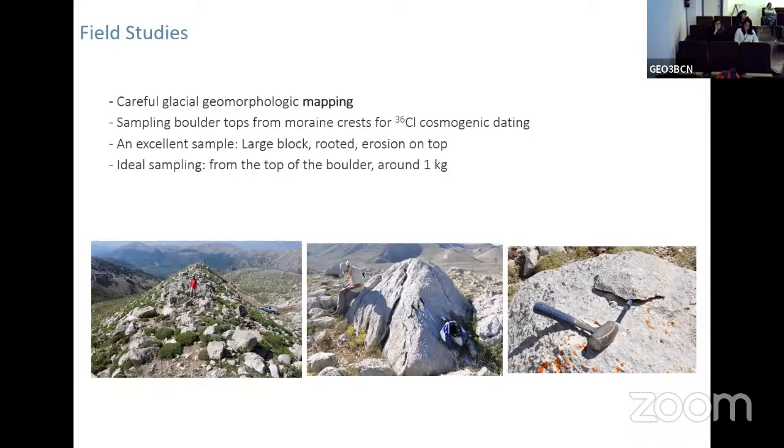It should be in its original position, this boulder, because we want to know since when this surface has been accumulating those nuclides. So we want to have something solid, so bigger is better in this case. And from the top surface, we take like 1 kilo of sample. This is limestone, by the way. For limestone, we use chlorine-36 because from limestone, from calcite, rocks produce chlorine-36 nuclides.